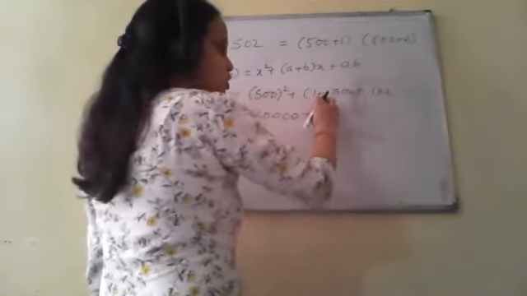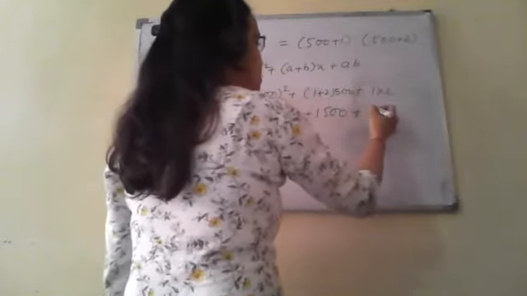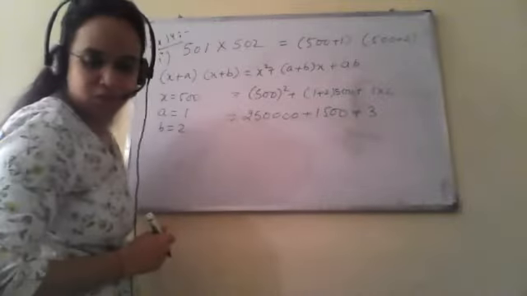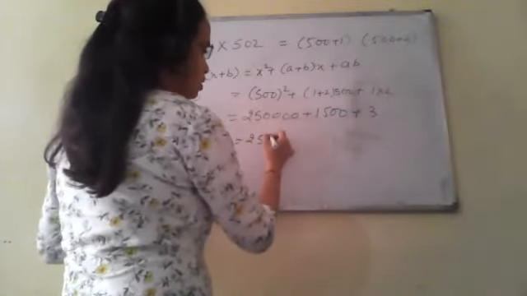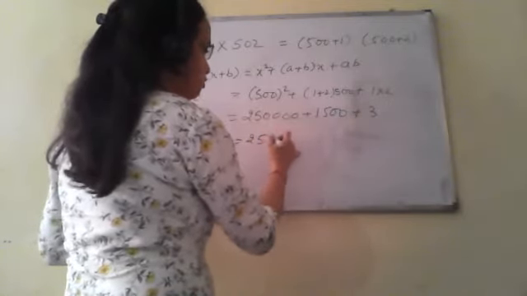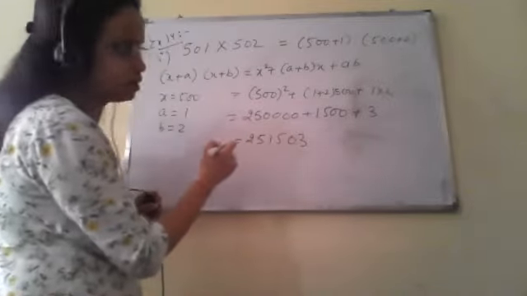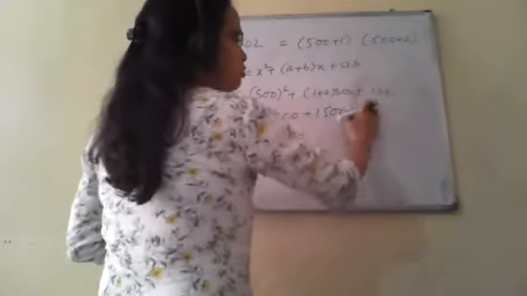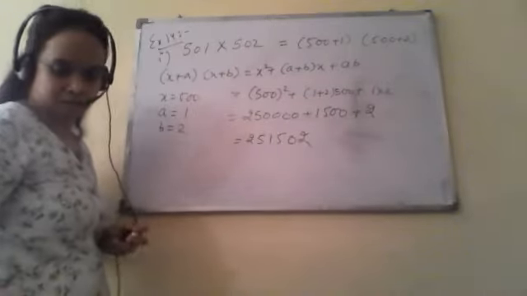This is 1 plus 2, 3. 3 into 500 will be 1,500. Plus 2. So the answer will become 251,502. Sorry, 1 into 2 will be 2. So this is the answer.